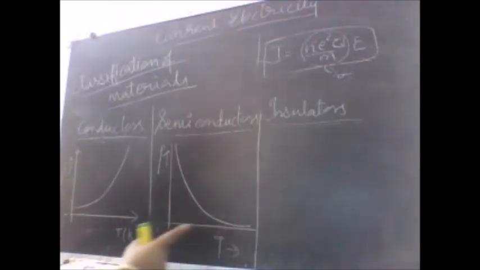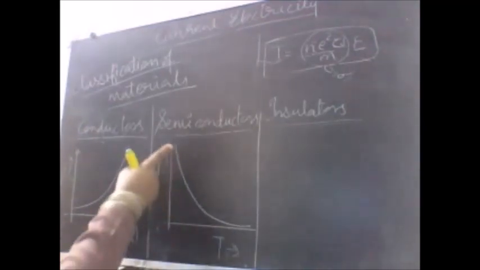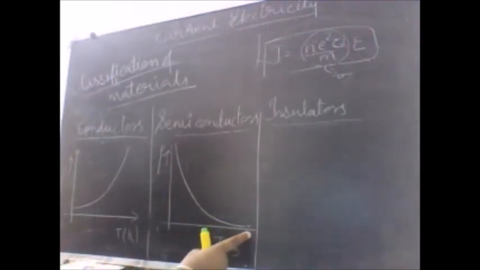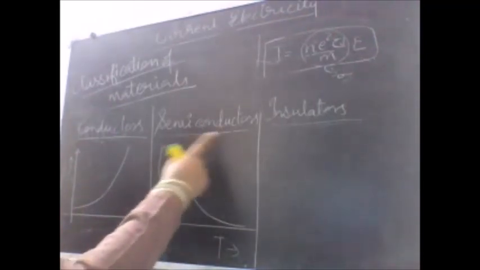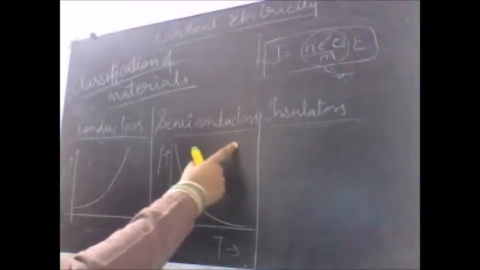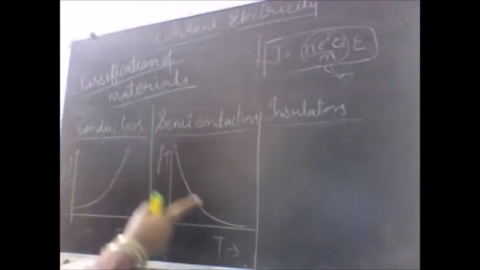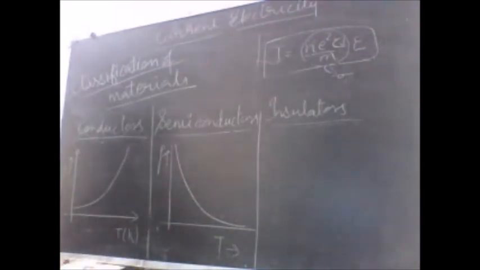When we increase the temperature, when we are heating the specimen, resistivity keeps falling, and at a very high temperature the resistivity is almost zero, negligibly small. That means the semiconducting specimen becomes more conducting when the temperature is increased. Resistivity falls exponentially.